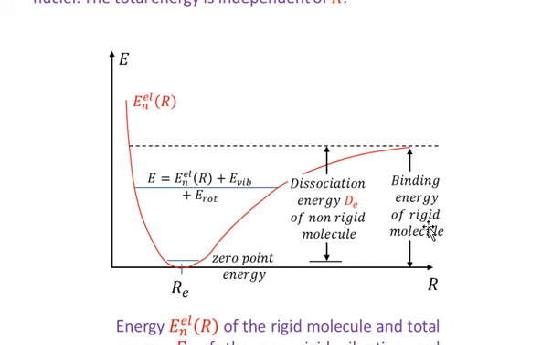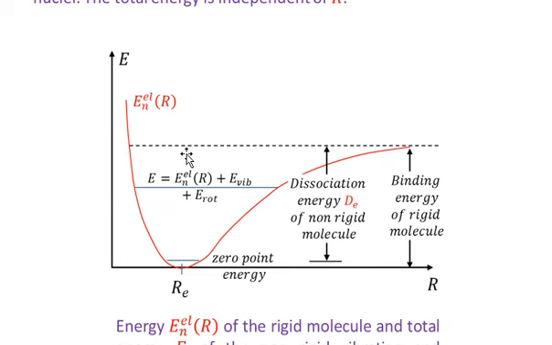And next you see that I have shown the binding energy of the rigid molecule, starting from the minimum value given by the red curve at a distance of RE. So from this value to the dotted line will give you the binding energy of the rigid molecule, because if you supply this much energy to the molecule, it will be split into its atomic parts.